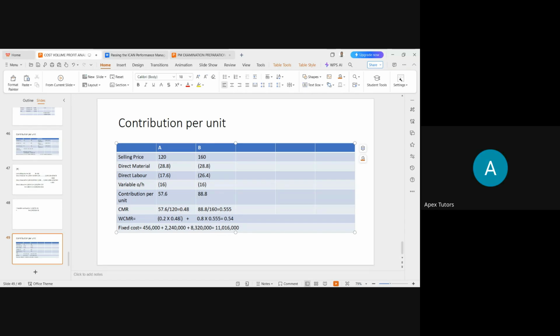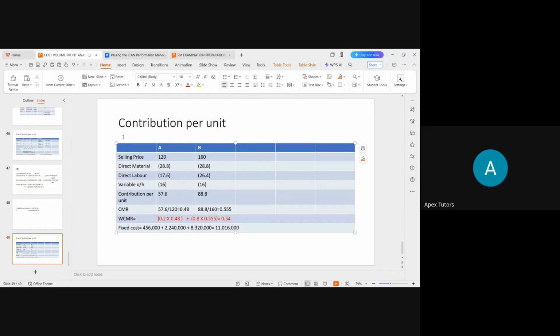Actually, it's correct. Can anybody confirm this? It's correct. The first one is 0.2 times 0.48, which is 0.096. Just punch your calculator very well, and you add the other one. Thank you.